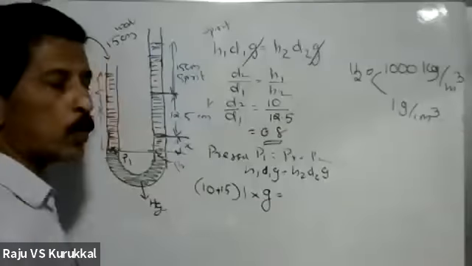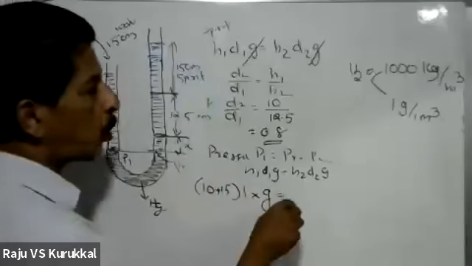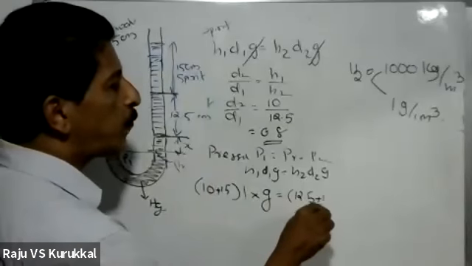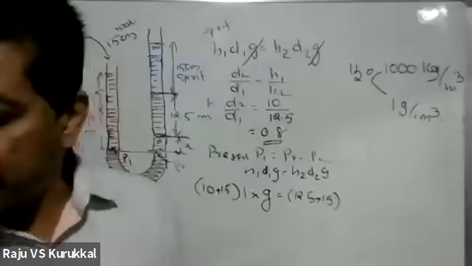അപ്പൊ into gravity equal to what is H2? H2 12.5 plus 15. 12.5 plus 15 into density of mercury. ക്വസ്റ്റ്യനിൽ തന്നിട്ടുണ്ട്.